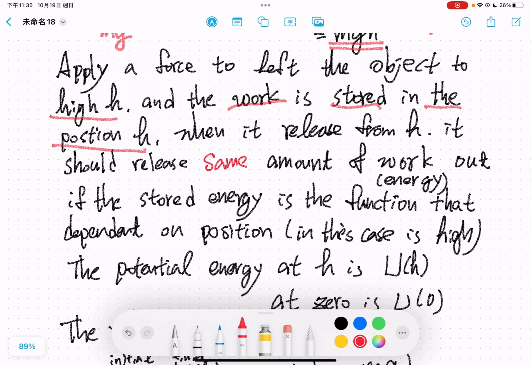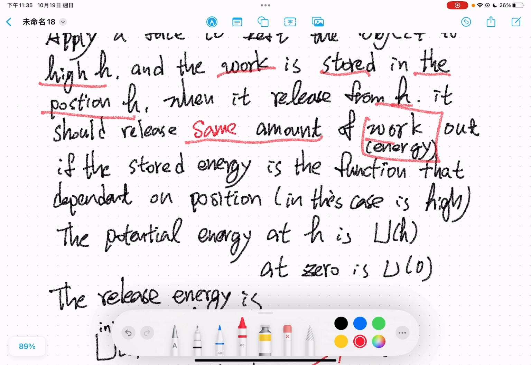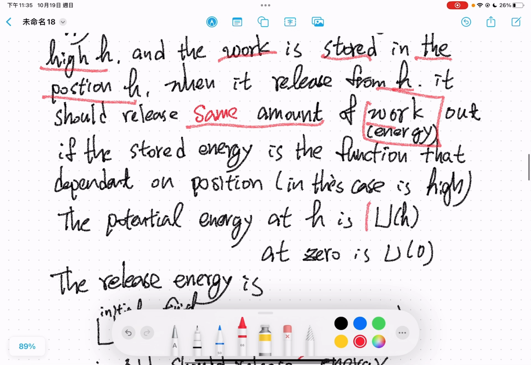When you release it from the edge, it should release the same amount of work or energy, if the stored energy is a function that depends on the position. Then the potential energy at height is U of h, and the potential energy at 0 we write as U of 0.